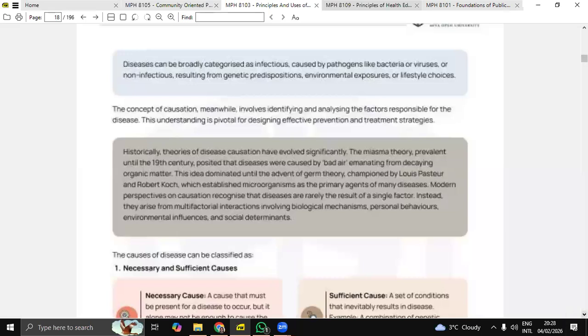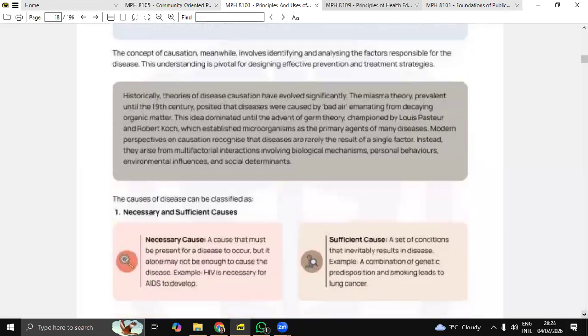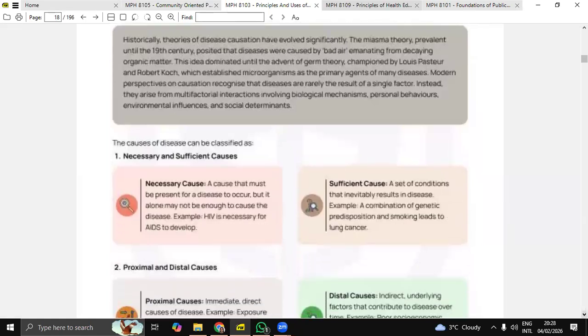So let's go back to what we were talking about, disease causation. We've already said that in the pre-scientific era, there were different things that people said cause diseases, up until when microscopy came into the picture.